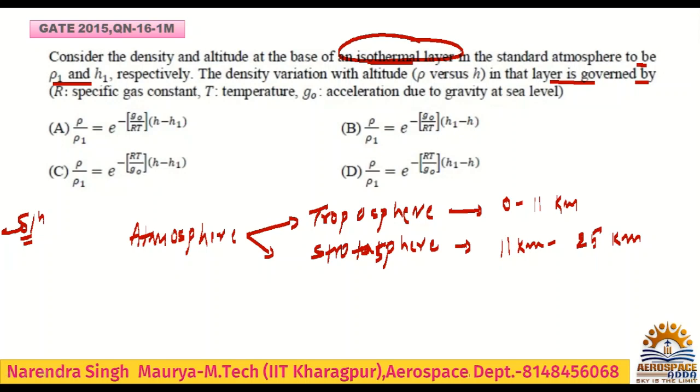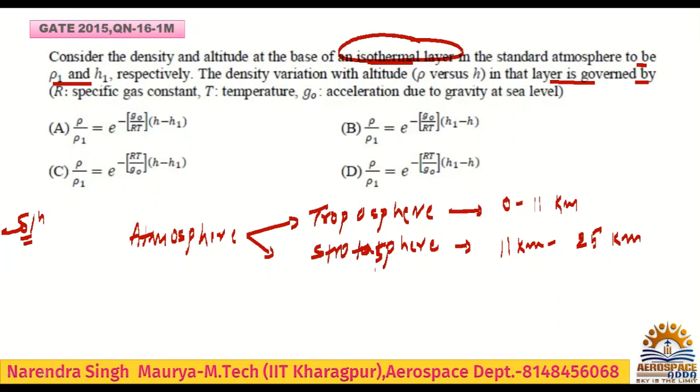It was asked in previous year question papers also. If they mention an aircraft flying at 3, 5, 7 or 10 kilometers altitude, and you want pressure, temperature and density, then obviously it comes under the troposphere, and we use the formulas for pressure, temperature and density. Similarly, we'll have the stratosphere.